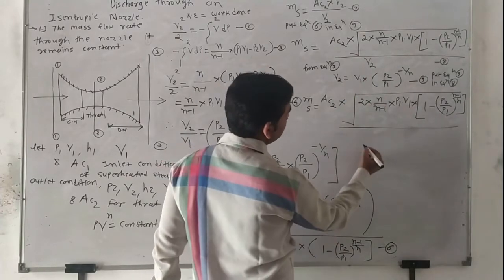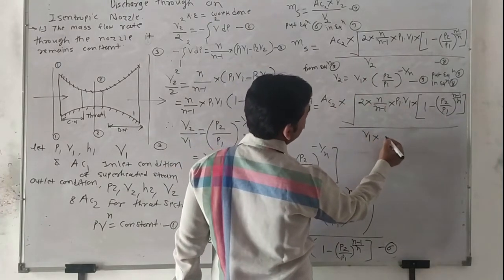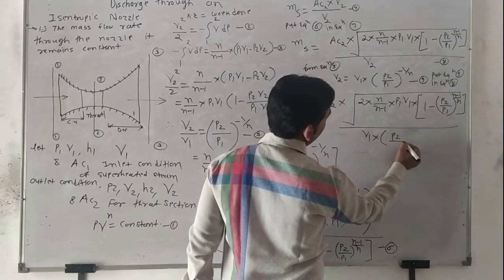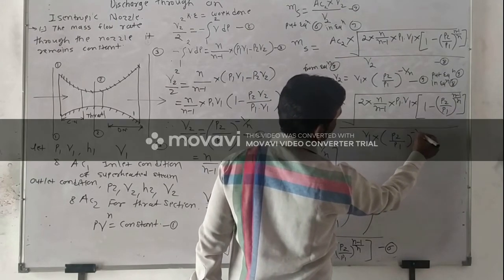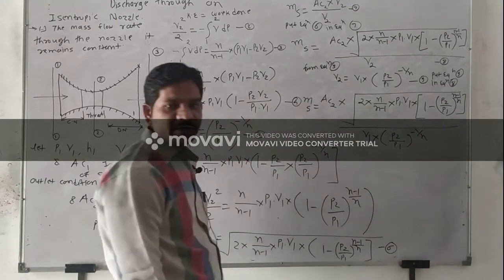What is remaining here is V1 into P2 upon P1 to the power minus 1 by n. We get this term.